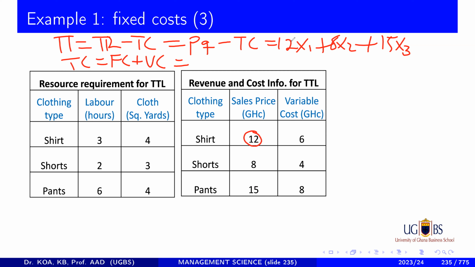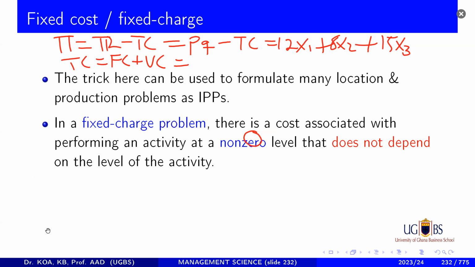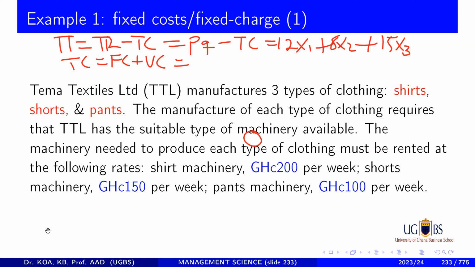What is a fixed cost here? You can go to this level of the work and you will appreciate that he was very specific about what a fixed cost is all about. From the story, it says that the machinery type needed to produce each type of clothing must be rented. The fact that it's got to be rented means that it is a fixed charge at the following rates.